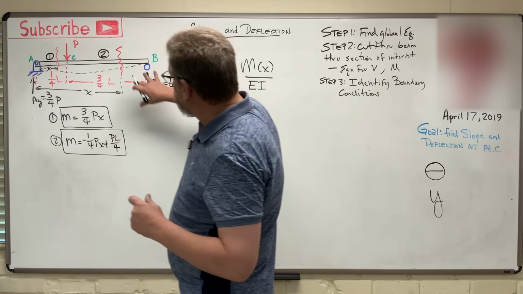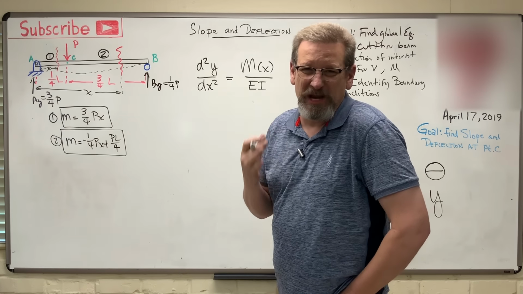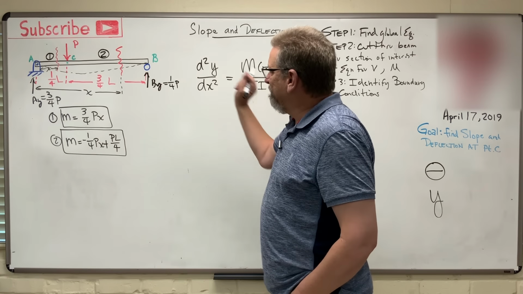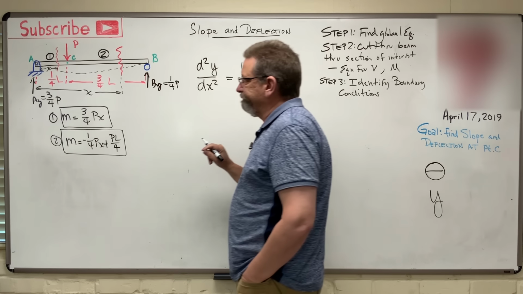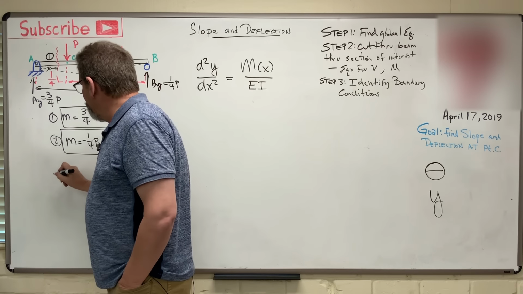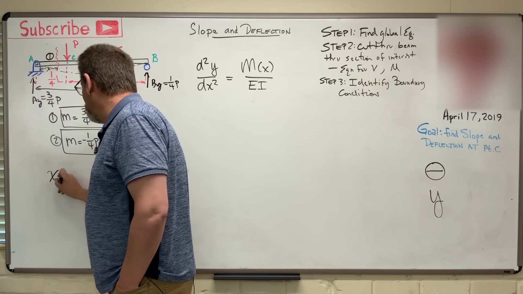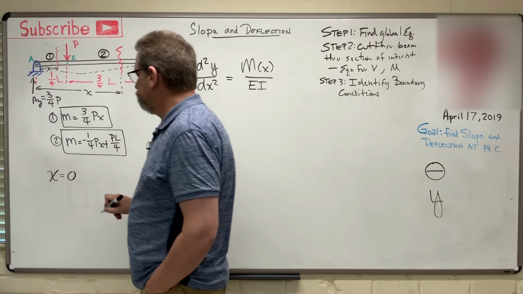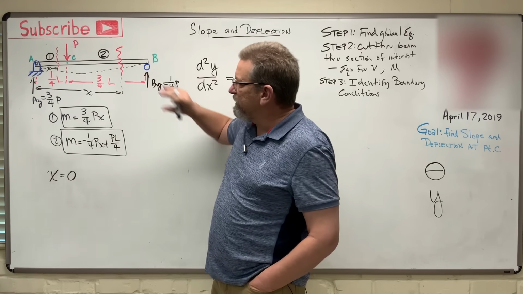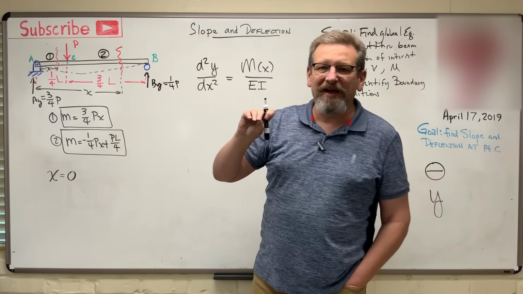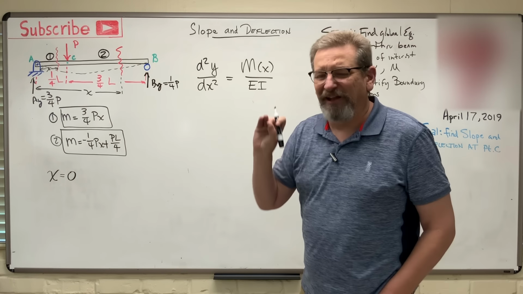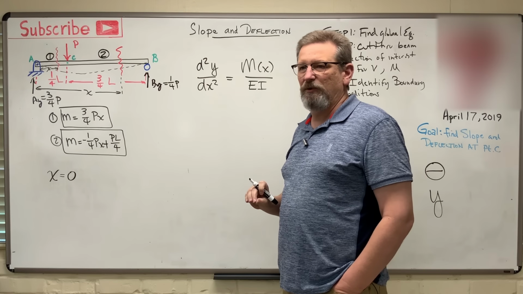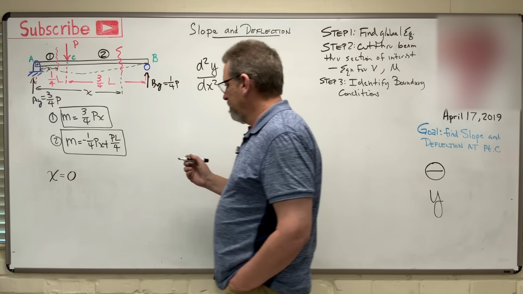So the boundary conditions for this beam. What do we know about that beam? Well, when x is equal to 0, what do we know about the deflection at point A?